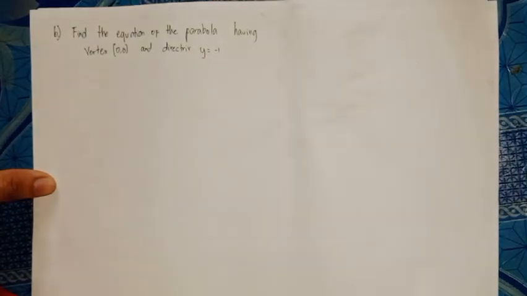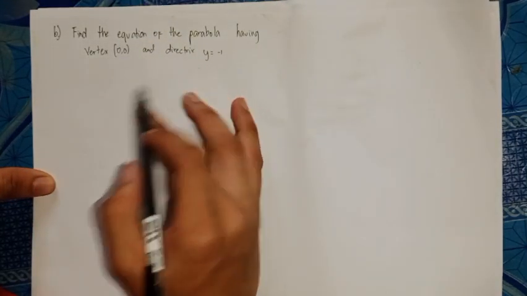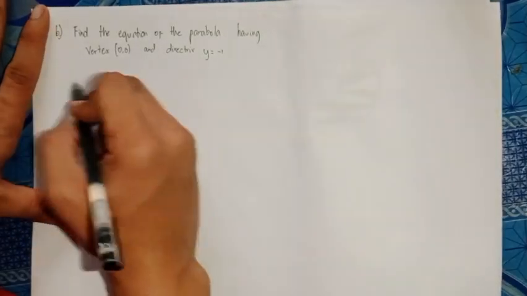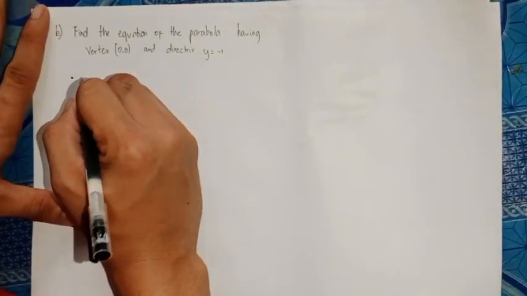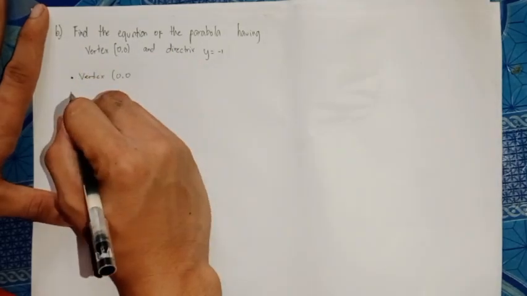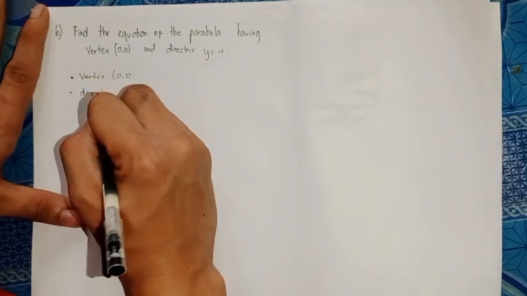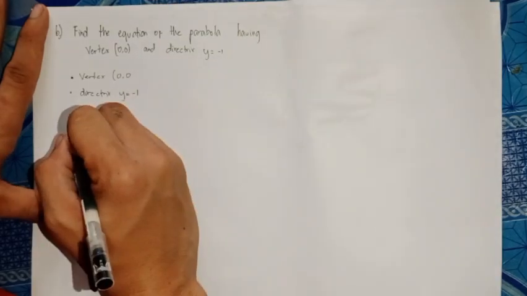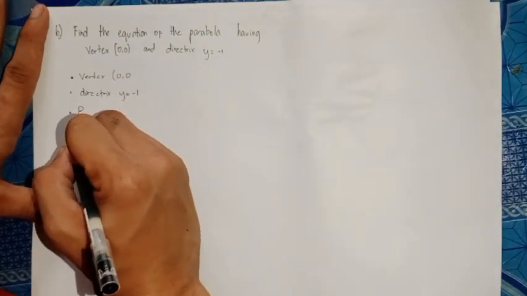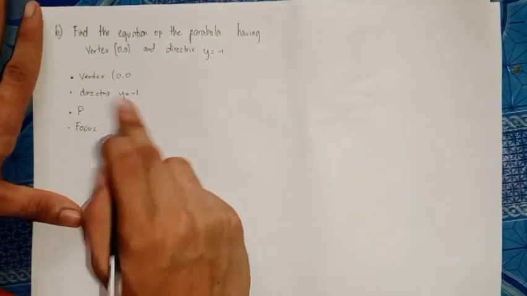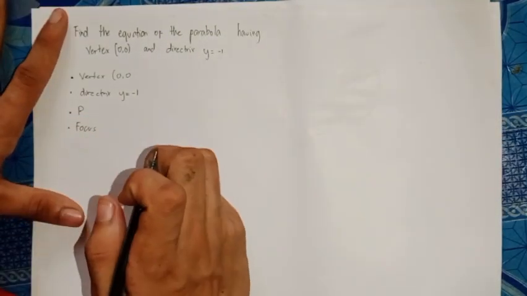Let's have a second example. Find the equation of the parabola having vertex 0, 0 and directrix y is equal to negative 1. Since the vertex is already given as 0, 0 and the directrix is y is equal to negative 1, we can now find p and the focus, because the directrix and the focus lie at equal distance from the vertex.